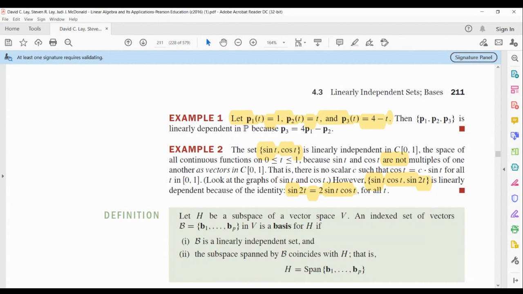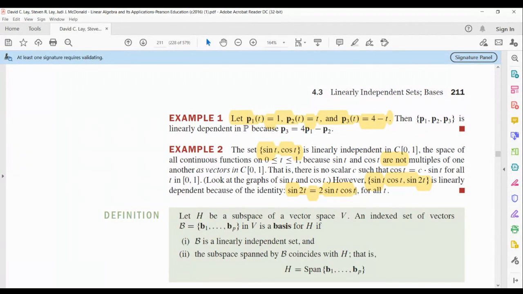In this case, we have three functions, and if the set of functions is linearly dependent, one function should be able to be written as a linear combination of the other two. And I know that the identity sine of 2t is 2 times the sine times the cosine. We know that.